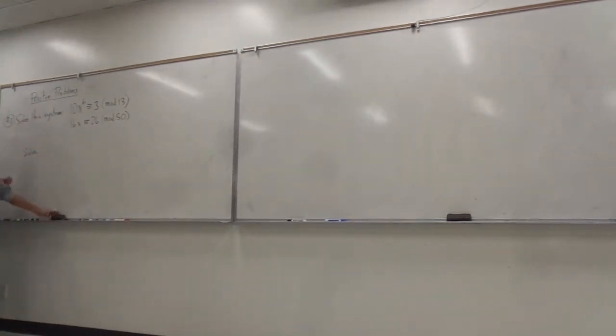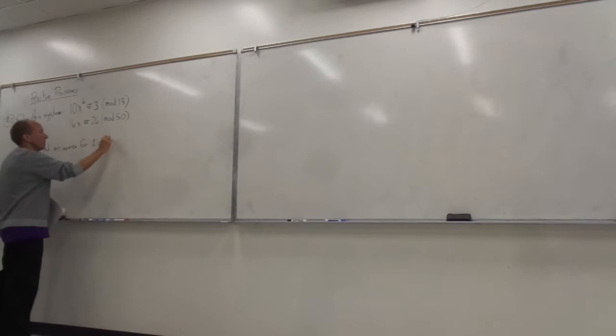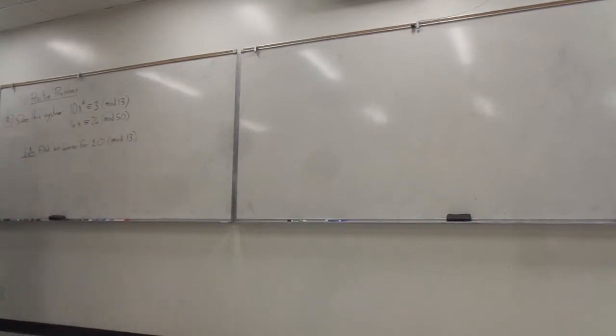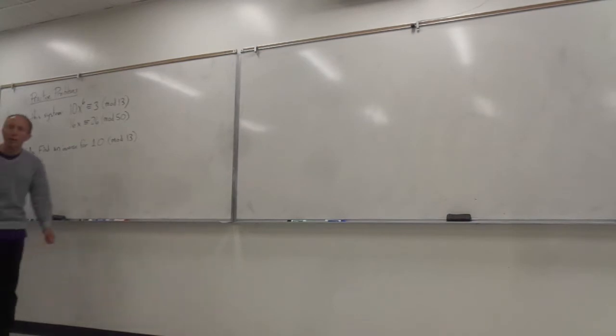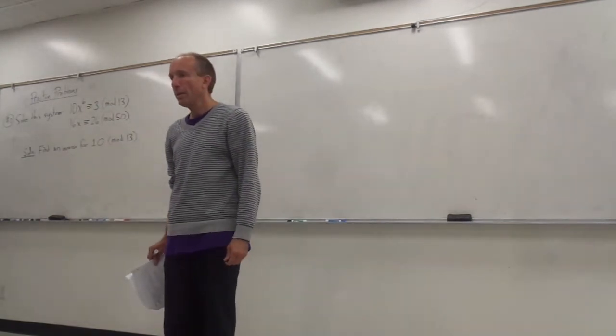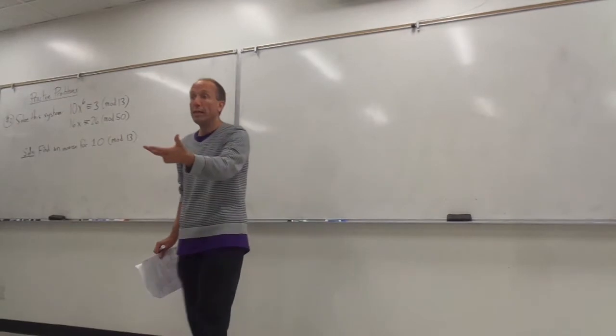For the solution here, what I'm going to do is try to find an inverse for 10 modulo 13. How do we do that? How do you find a number that you can cancel the 10 with in mod 13? Yeah, we can use the division algorithm and basically the Euclidean algorithm to do it.